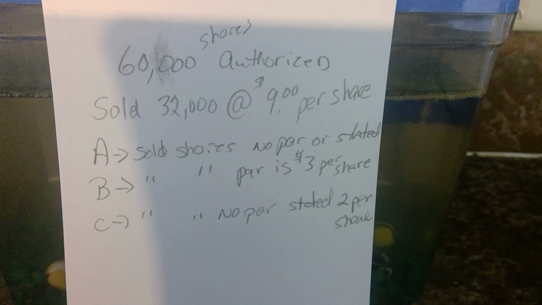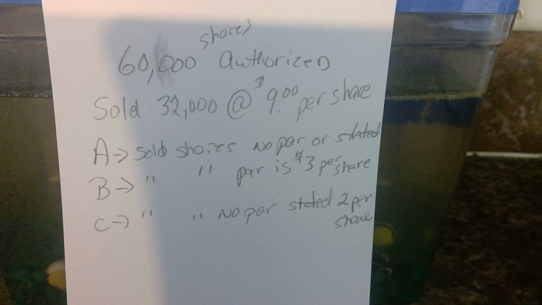The next thing, if you flip back to your questionnaire, letter C says you sold 32,000 shares for $9 a share. So we know what that's going to be. This time it doesn't have a par value, but it does have a stated value of $2. Now, I've said to you that the par and stated work the same way no matter what you're doing.